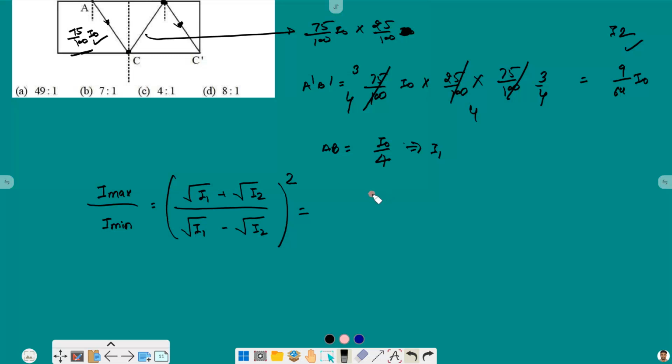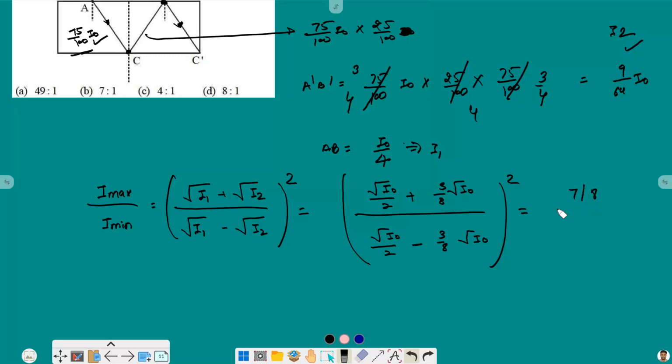So we will get root of I node by 2 plus 3 by 8 root I node, divided by root of I node by 2 minus 3 by 8 root I node, and whole square. This will give us 1 by 2 plus 3 by 8, that is 7 by 8, divided by half minus 3 by 8, that is 1 by 8, and square. So that is 49 by 1. That is option A for us.